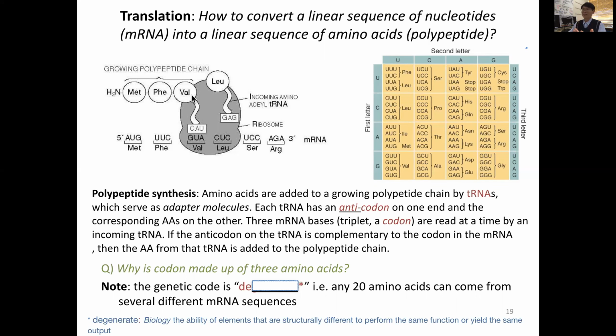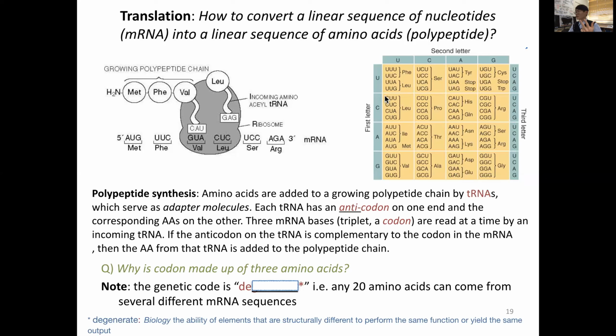So now you will have a question like, hey, why is the codon made up of 3 nucleotides? In fact, in history, figuring this out actually led to a Nobel Prize again. So this is called finding the genetic code. And you see from this, based on the mRNA, there are 4 types of nucleotide: uracil, cytosine, adenine, and guanine.